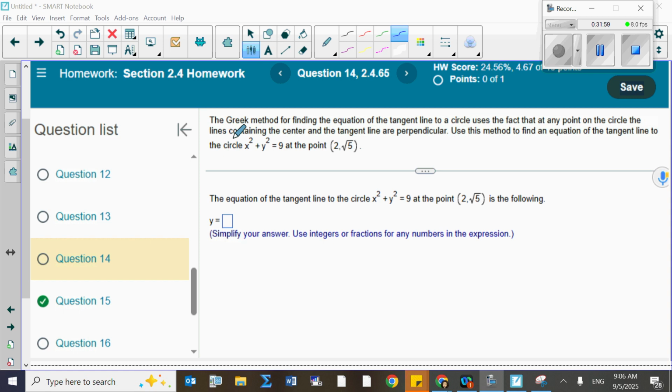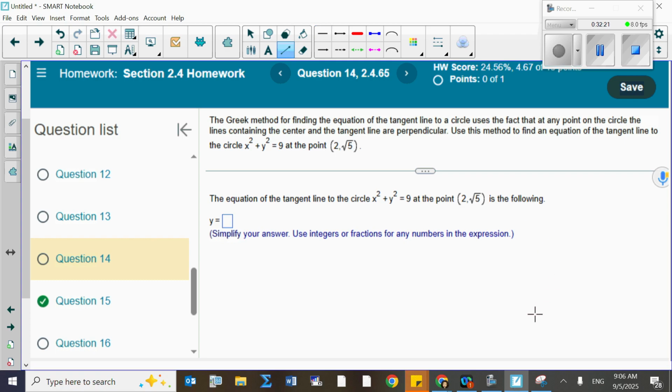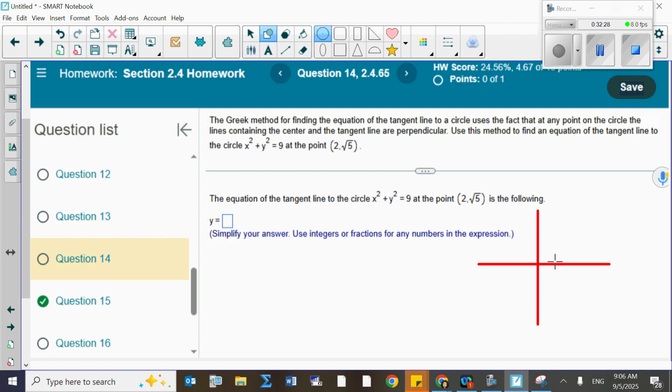Okay, next question, number 14. The Greek method for finding the equation of a tangent line to a circle uses the fact that at any point on the circle, the lines containing the center and the tangent line are perpendicular. What does this mean? This means if I have a circle here, let me draw a circle. Let's say this is my circle.